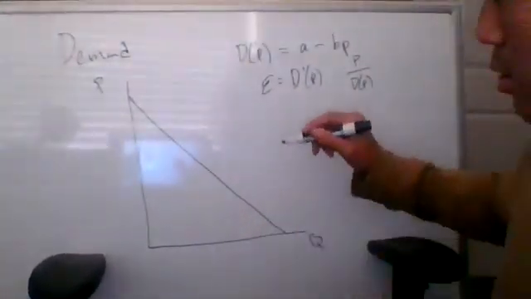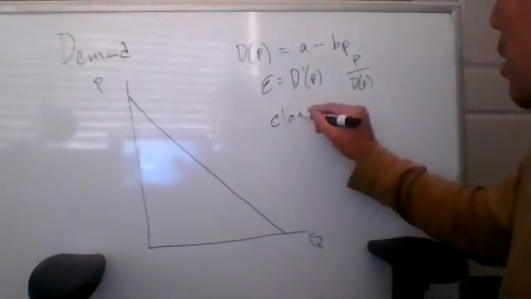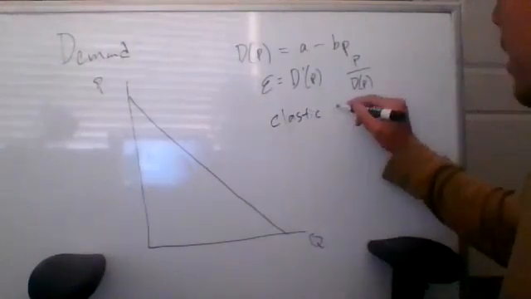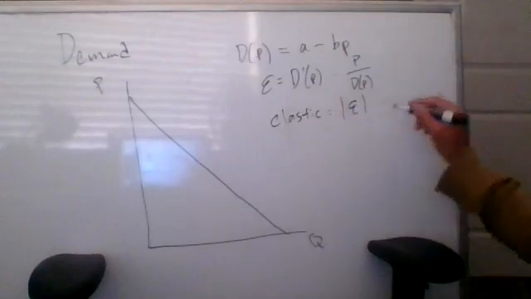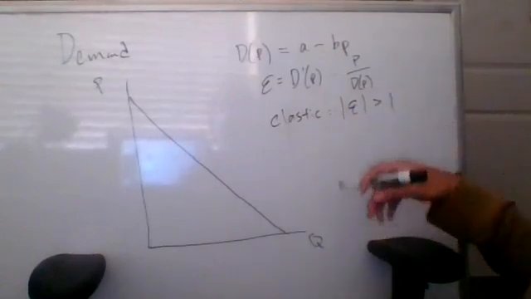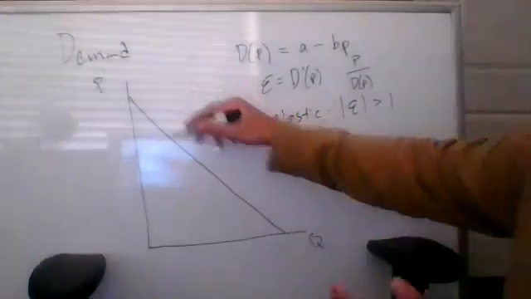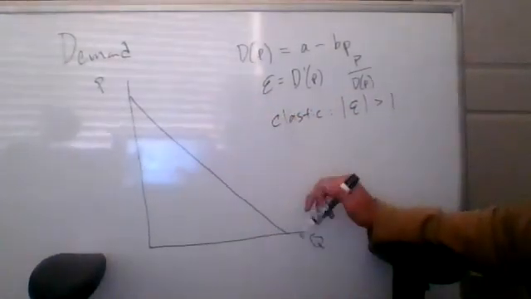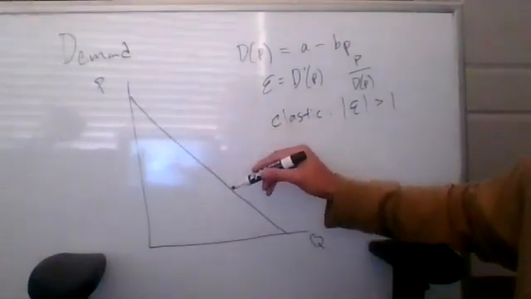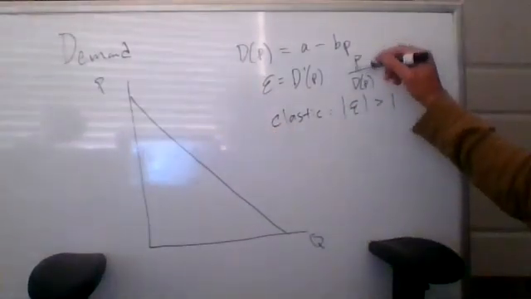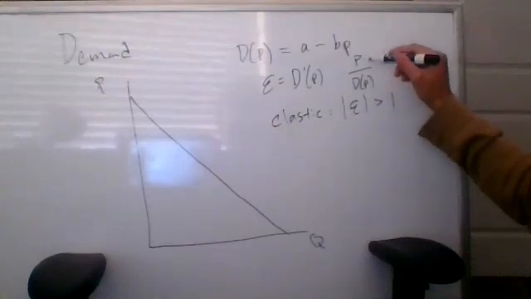So we consider something to be elastic if the absolute value of the elasticity is greater than 1. Typically, elasticity will be a negative value because the curve is downward sloping. This derivative will typically be negative, whereas this fraction right here will be positive because demand is positive and price is positive.